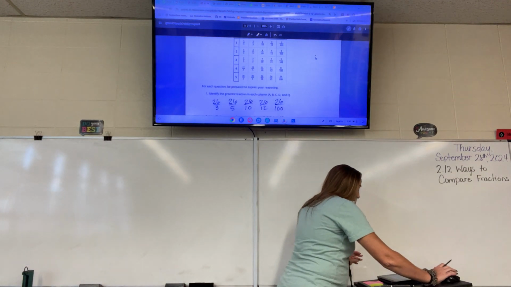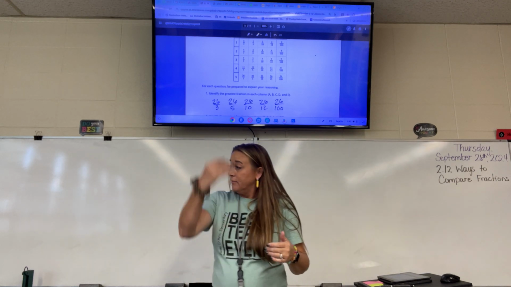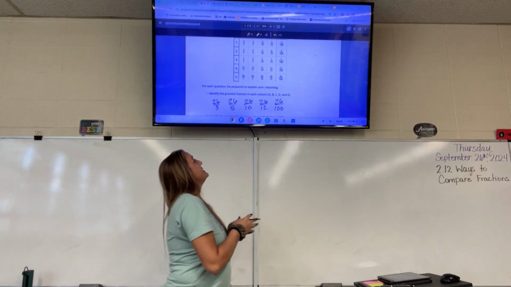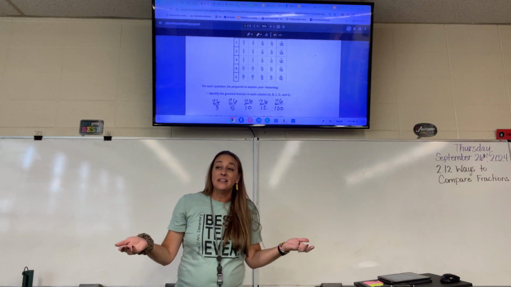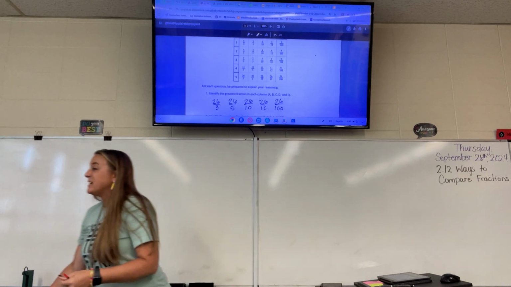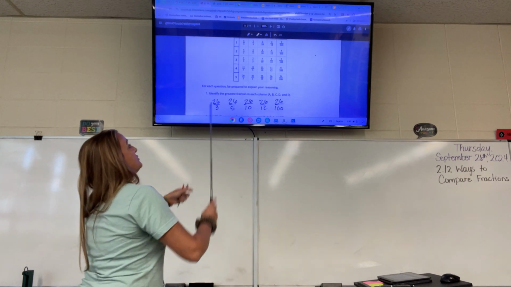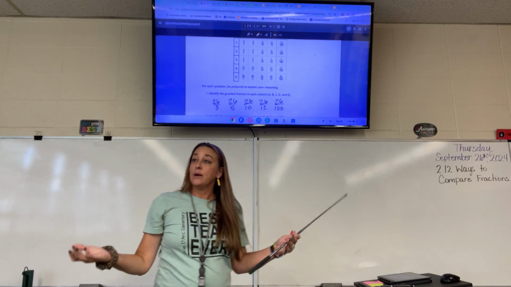So, because those all have the same denominator in each column, that means that you're just going to look at the top number basically like it's not even a fraction, right? And that makes it pretty simple to say which is bigger, 2, 4, 7, 11, or 26. 26, right?